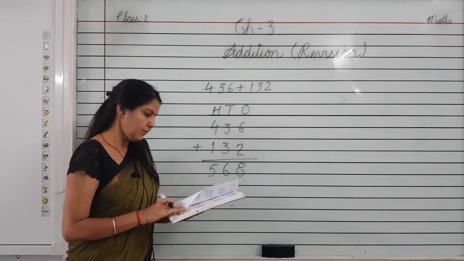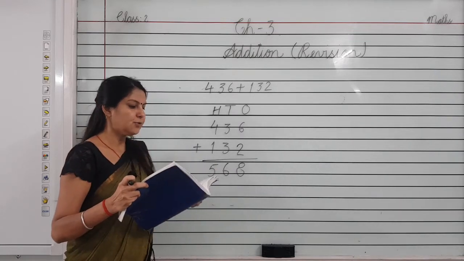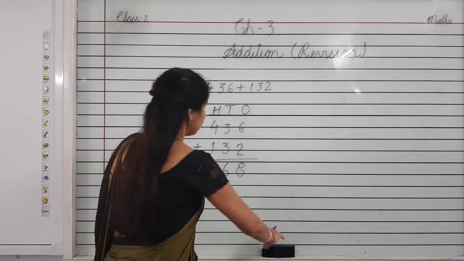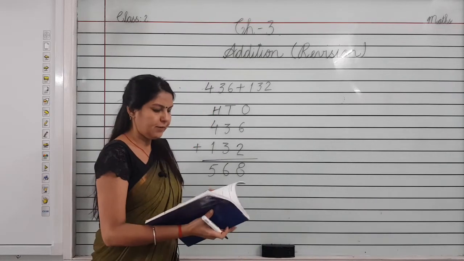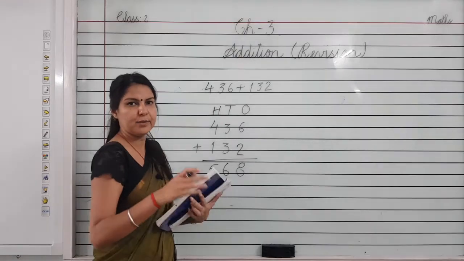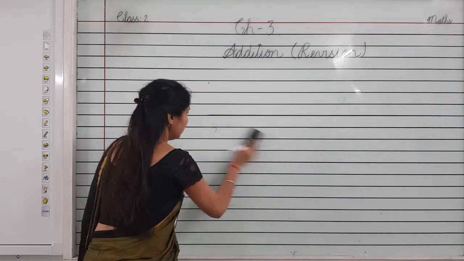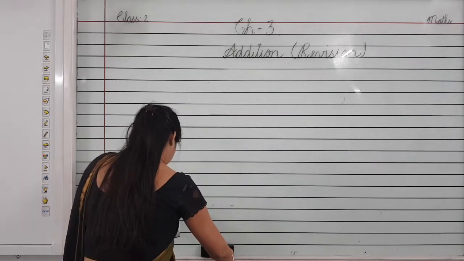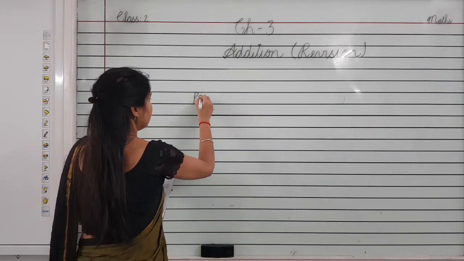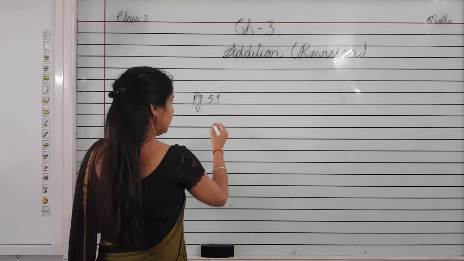Now we will see addition of three 3-digit numbers. In the next sum, let's see one question from the book of this pattern, addition of two 3-digit numbers first of all. I am taking one question from your book, page number 51 and question number G you can see.